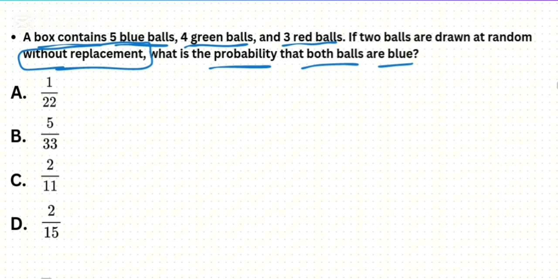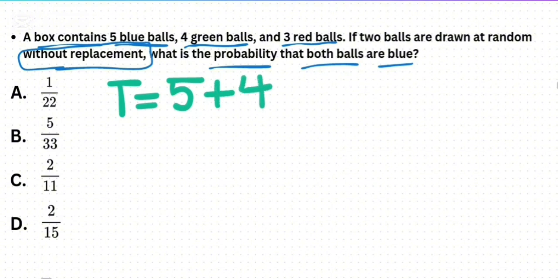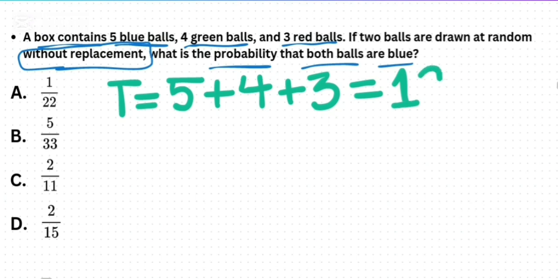So firstly we will calculate the total balls. So total balls are 5 blue balls plus 4 green balls plus 3 red balls. After adding these three values, we will get 12, right?